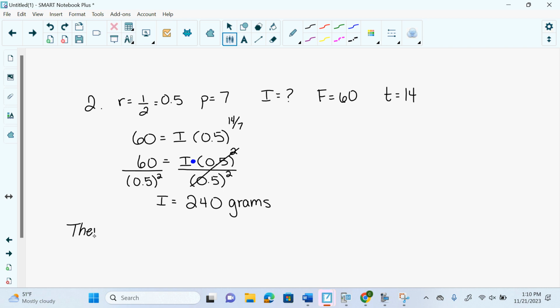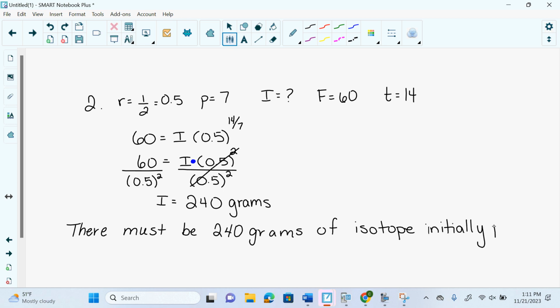There must be 240 grams of isotope initially present. And if you want to be even more thorough, you keep going: initially present to decay to 60 grams in 14 years.